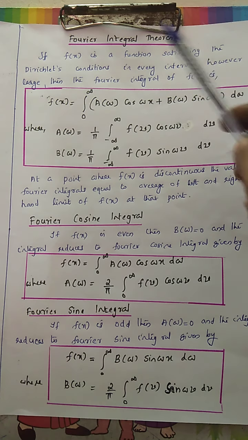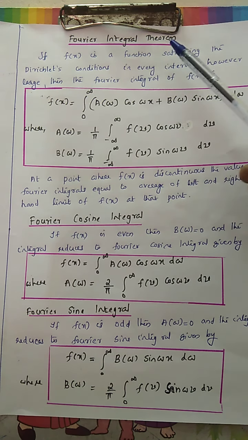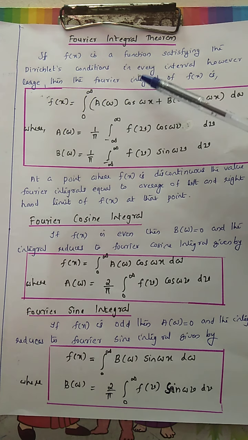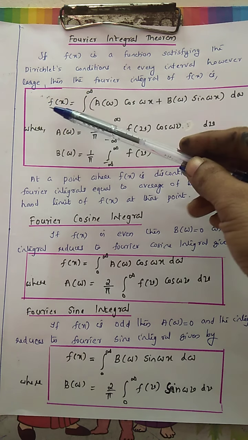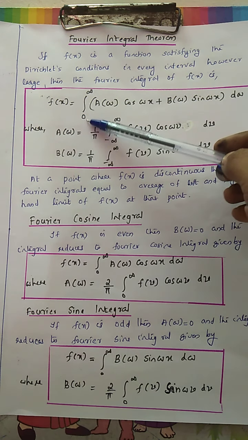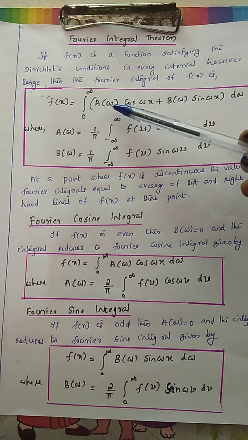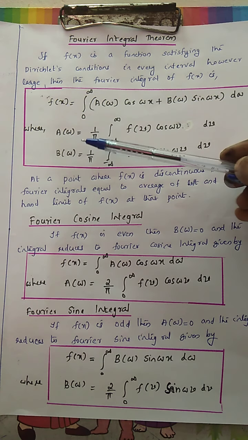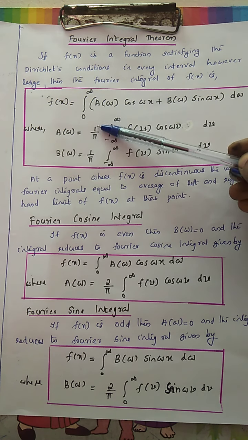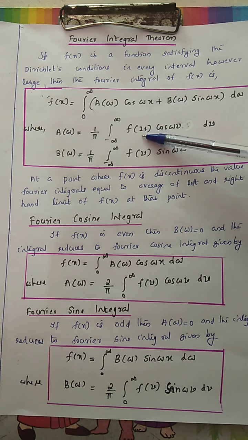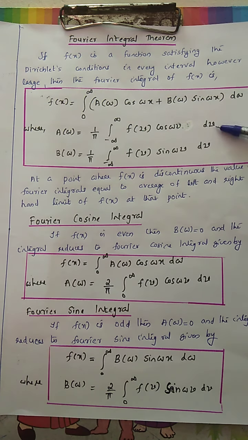The Fourier integral is given by the Fourier integral theorem. If f of x is a function satisfying the Dirichlet conditions, its Fourier integral representation is f of x equal to integral 0 to infinity a of omega cos omega x plus b of omega sin omega x d omega, where a of omega is 1 by pi integral minus infinity to infinity f of nu cos omega nu d nu.